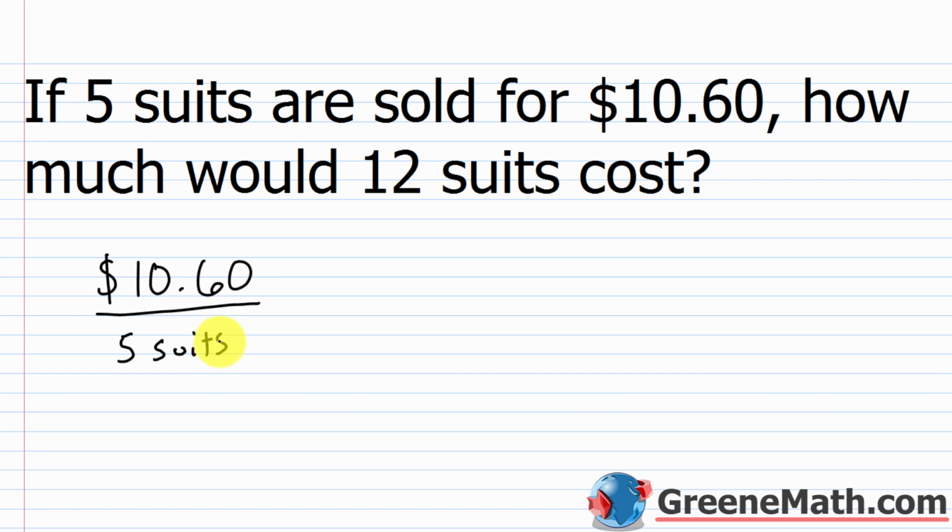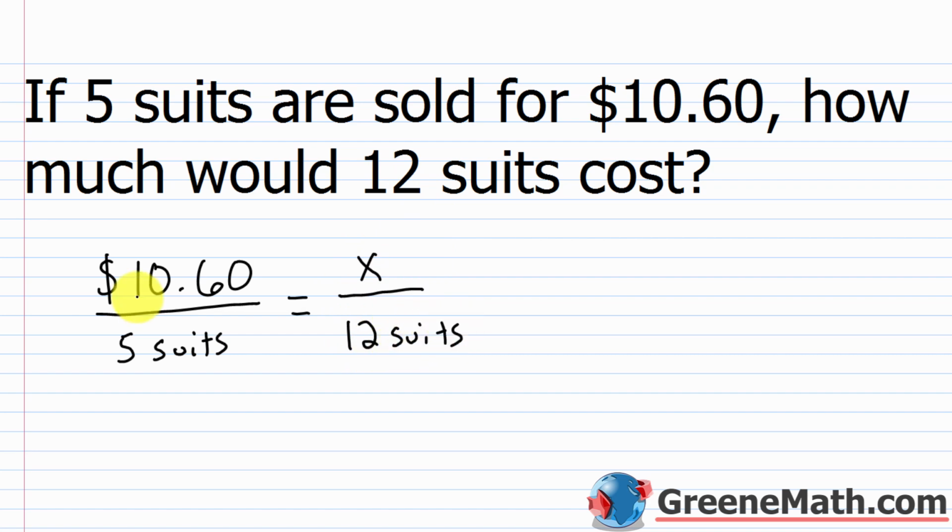Now, I could go through and simplify this and get a unit rate, and I could find out what the cost per one suit is, and then I could just multiply that by 12, right, and I can get an answer. Or what I could do is I could set this equal to the unknown amount, which I could just use a variable for, let's just say x, over 12 suits. Right, I'm setting up a proportion.